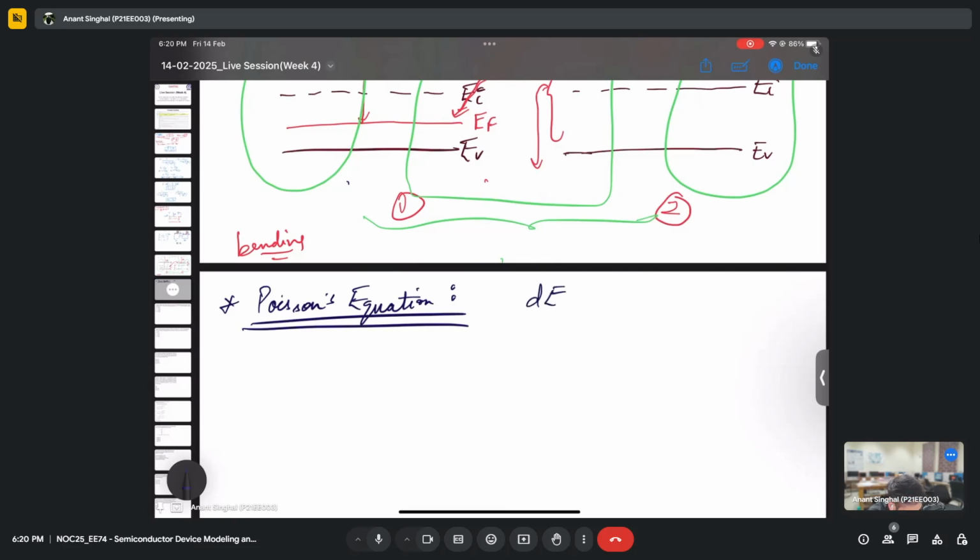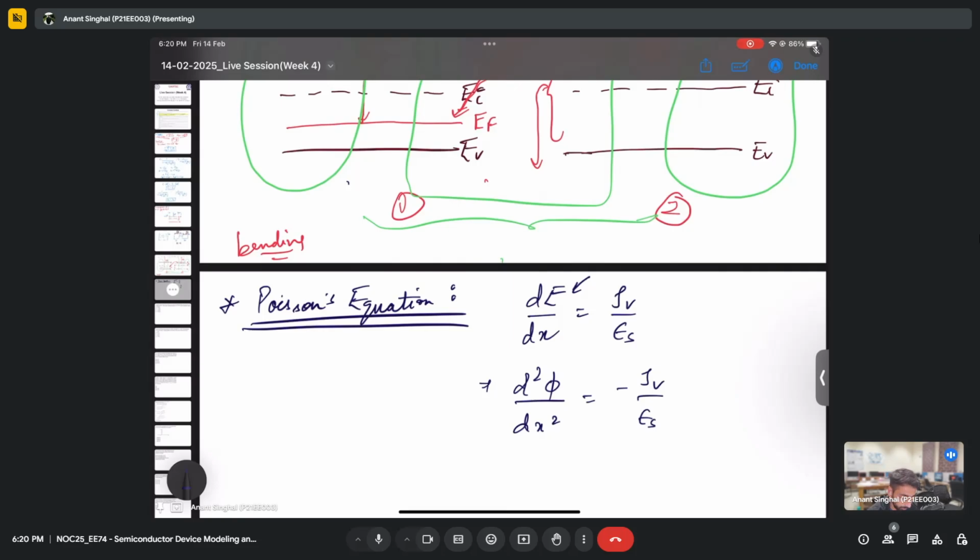Okay, I think not. Laplace equations and all come in the picture. So Poisson equation basically gives you the electric field behavior, or it also gives you the potential profile, if phi is the potential profile. This is the key equation which is getting solved in each and every simulation software that you might be learning in this course.